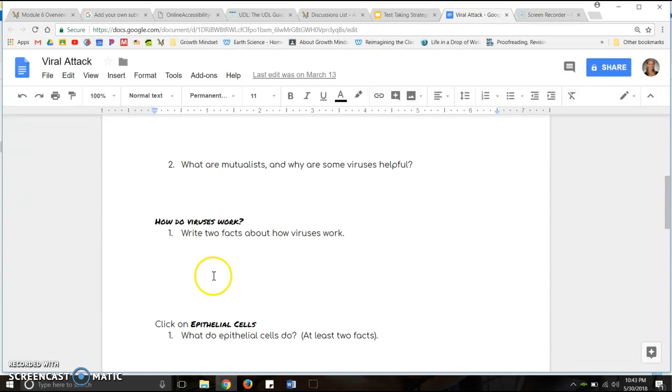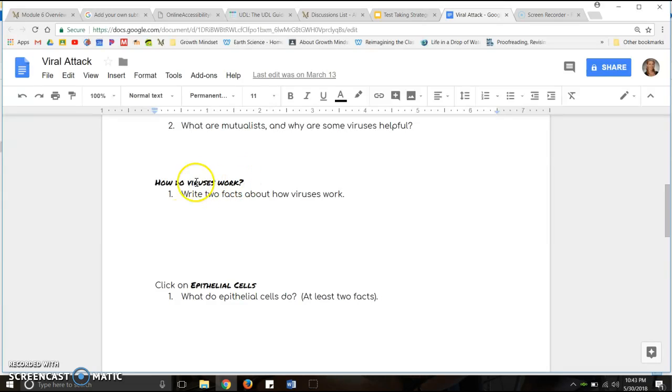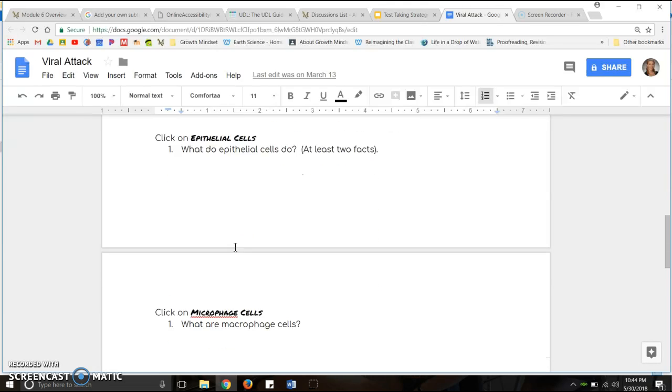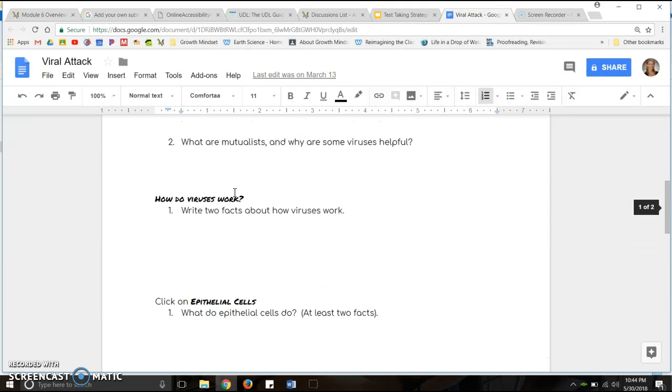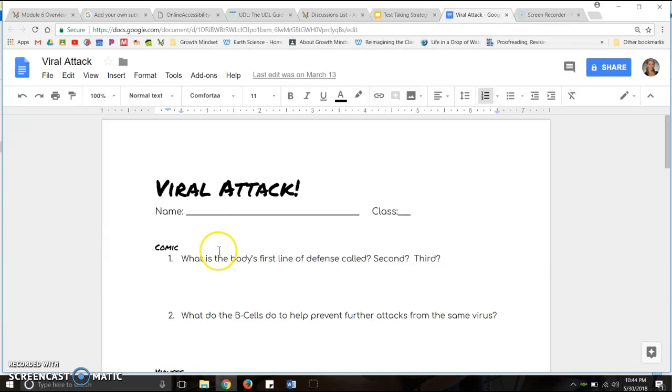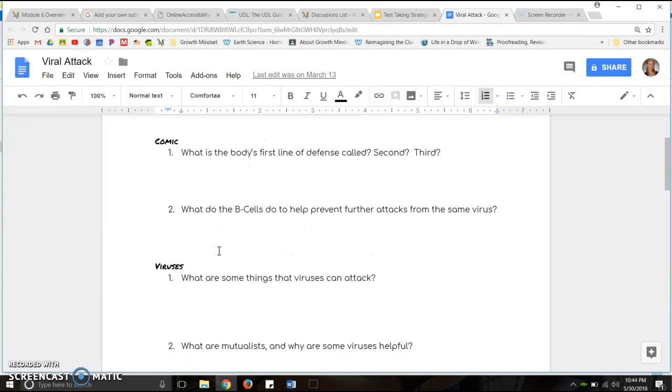And the list is just very inconsistent because I have a heading, which isn't really a heading, and then the number 1, and then another heading, and then another number 1. This is a pretty atrocious document, in my opinion. I did not like it as I made my students use it.